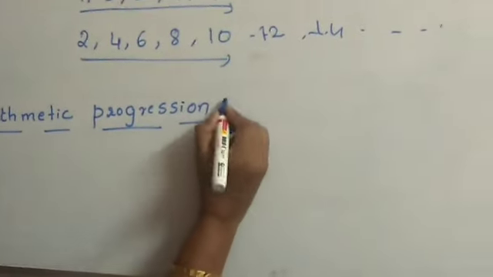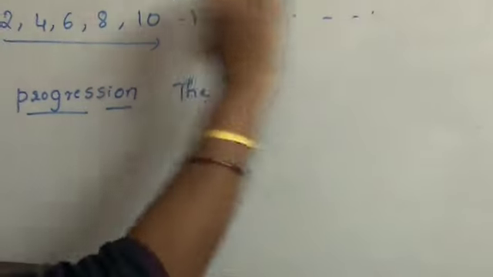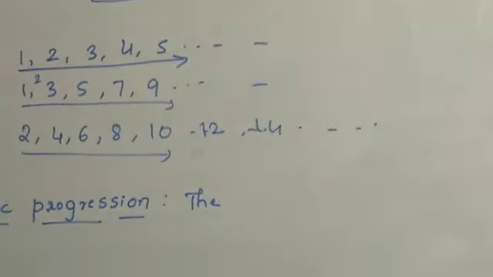How can I write the definition for this? The progression, this is the set of numbers which are arranged in some sequence, is called a progression.